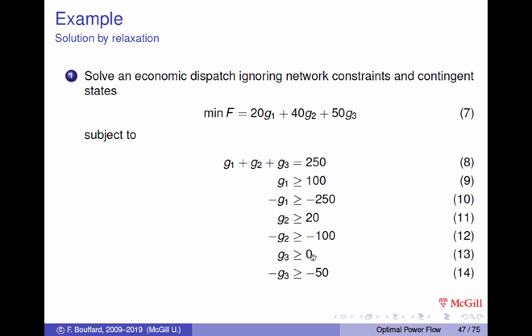So G3 can stay at 0 because we want to minimize its use because it's more expensive. However, G2 has a minimum of 20. So to be able to satisfy the constraints, we're going to have to back down G1 by 20 megawatts and bring up G2 to 20 megawatts. So in this case, we have G1 producing 230 megawatts, G2 20 megawatts, and G3 0 megawatts.